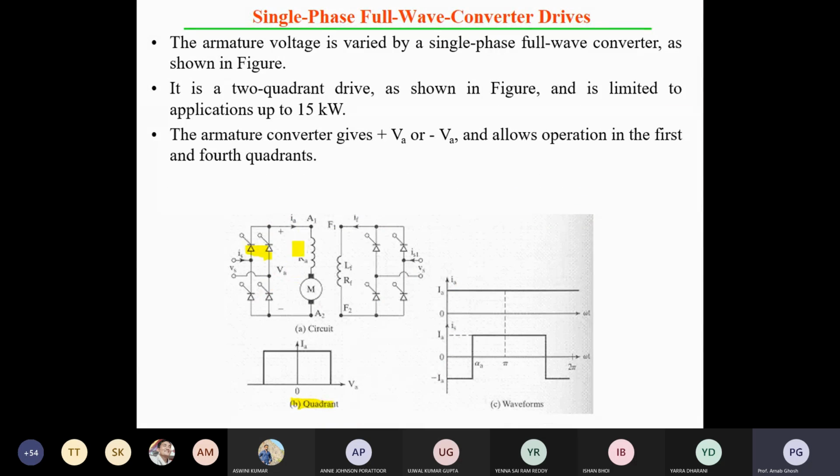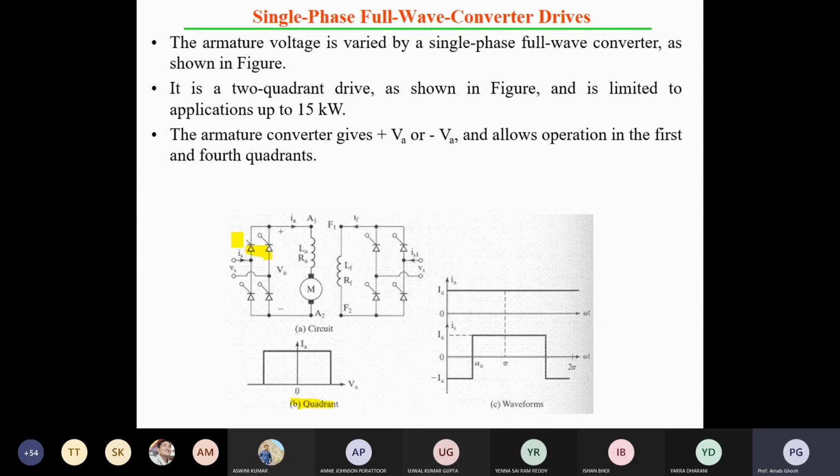The output voltage expression of the full wave converter is 2Vm/π cos α. That means the maximum voltage is up to 2 times.